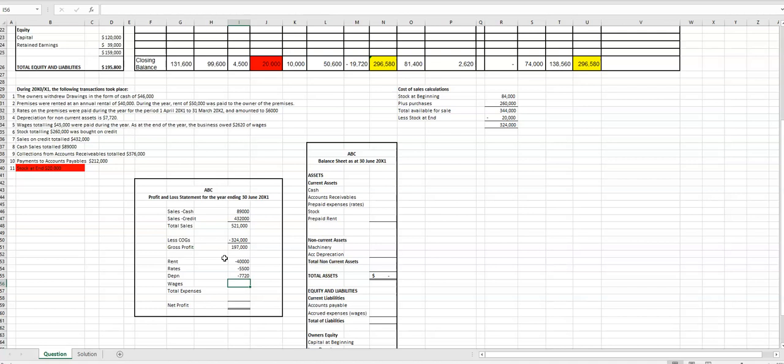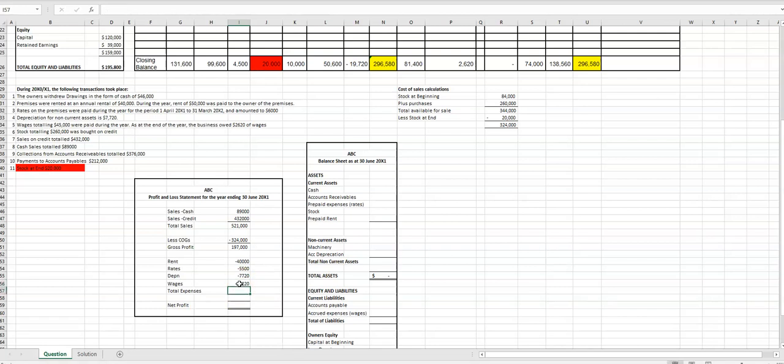We reversed the accrual that was made at the end of last year, as this is now being paid, and the 34,000 that we have there. And we also have set up a new accrual for wages incurred but not yet paid of the 2,620. So adding these together, it totals 44,220.